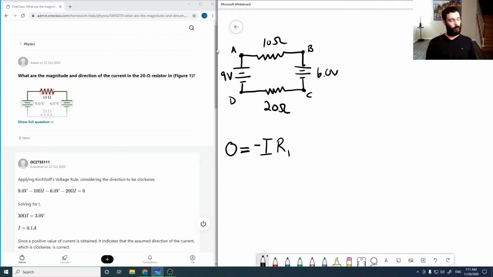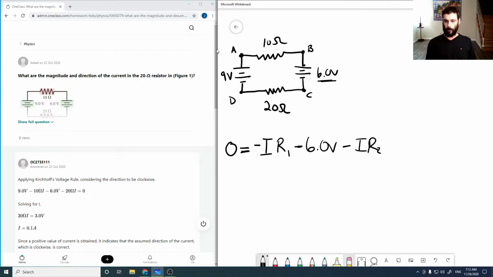And then the rule for going across batteries is if you go from positive to negative, then it's minus the voltage. And if you go negative to positive, then it'll be plus the voltage. So A to B, B to C, C to D gives us minus IR2.